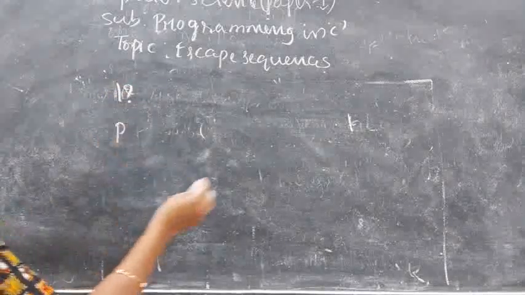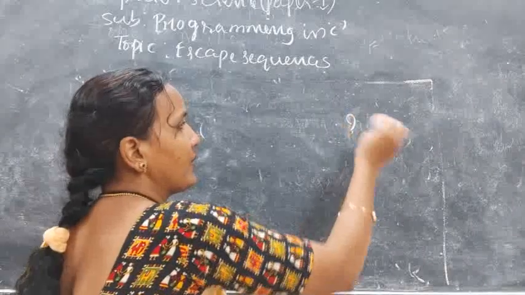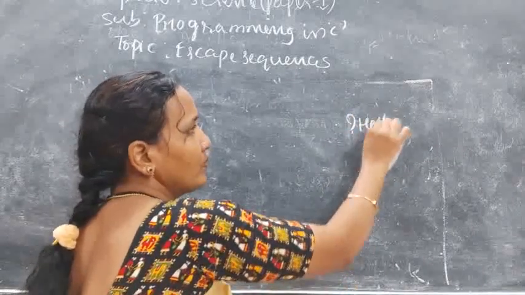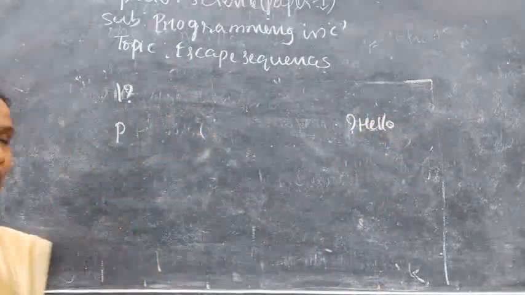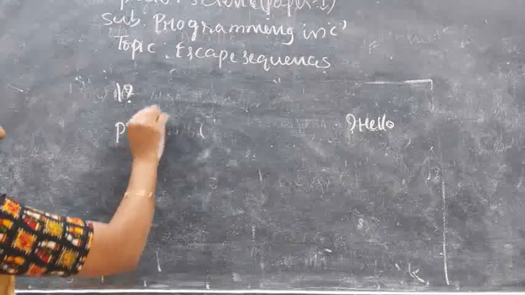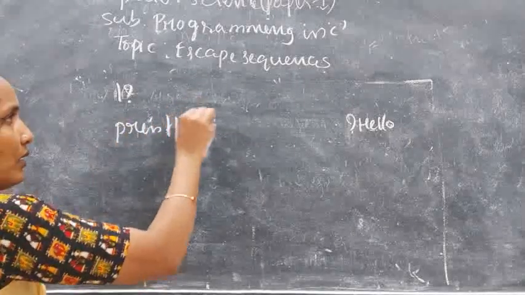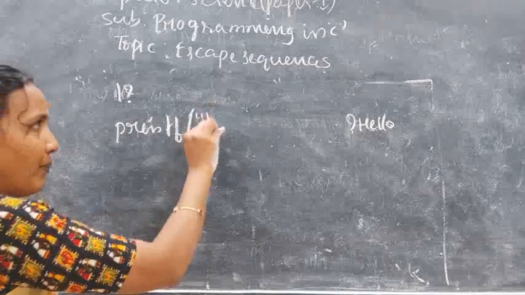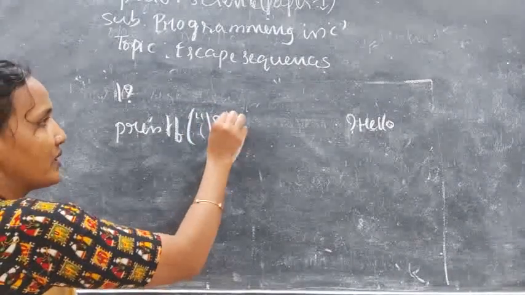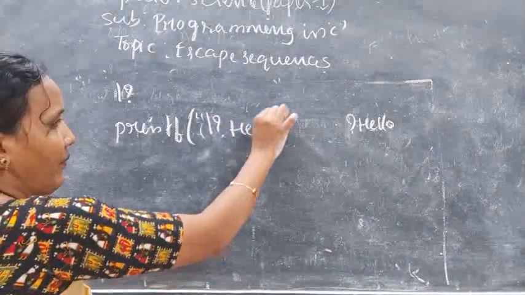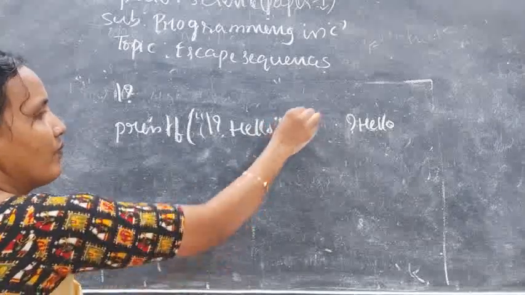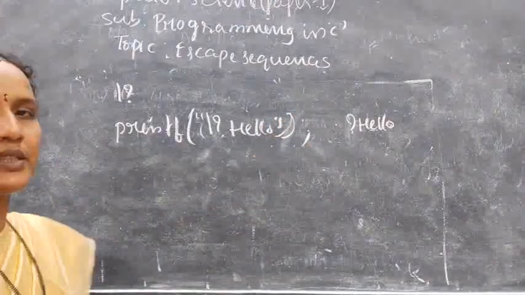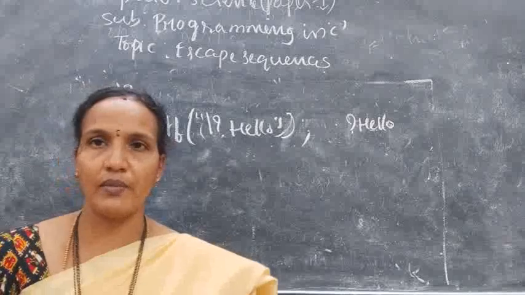Again, if you want to add a question mark before the text, printf, double quotes, backslash, question mark, whatever string you want to print, you give. That's it. So before the text, you will get a question mark.